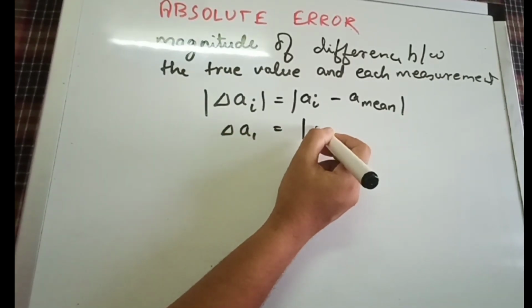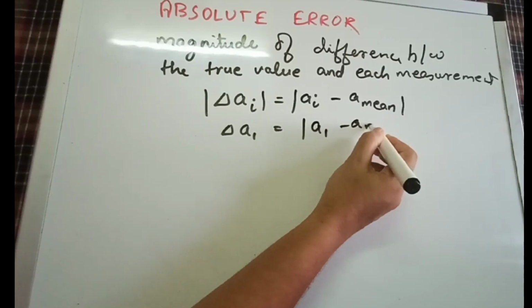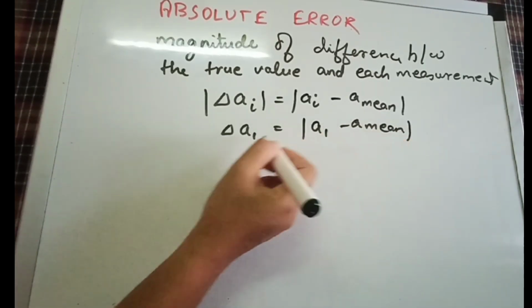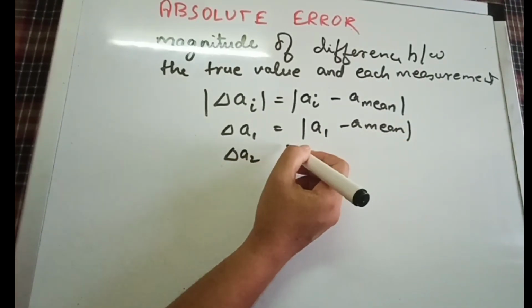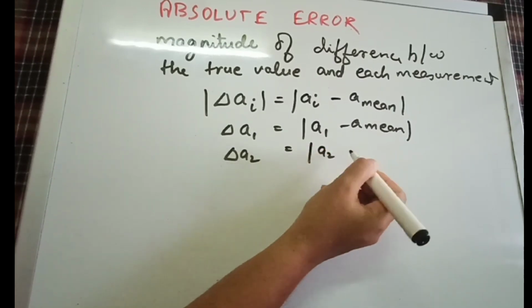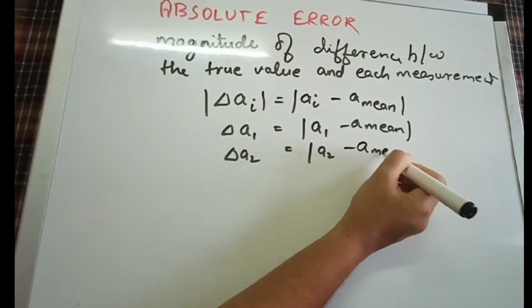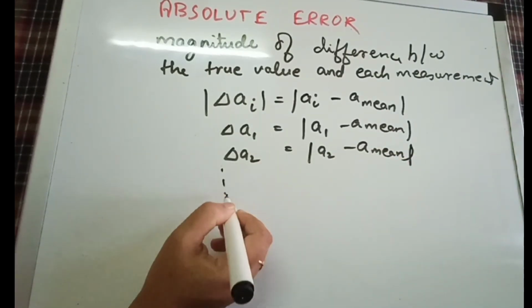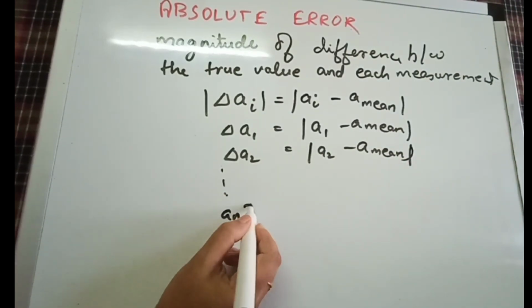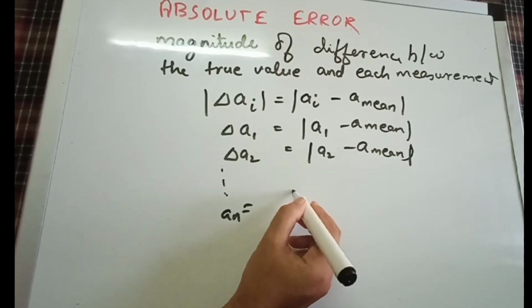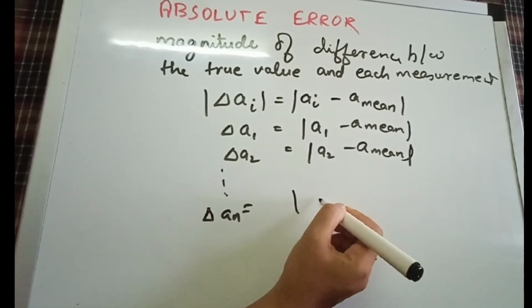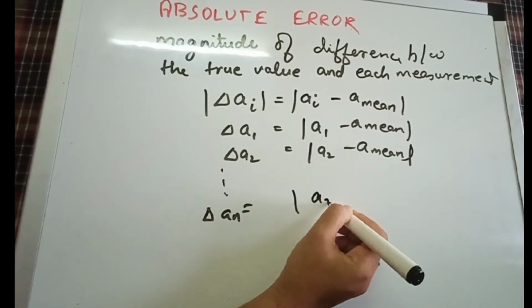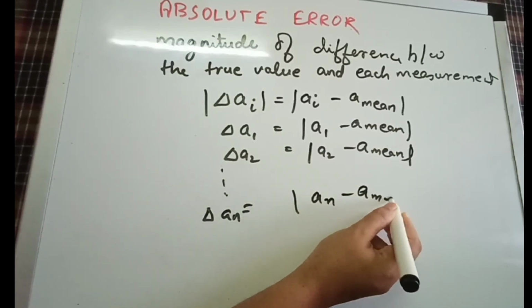So for the first reading, it becomes delta A1 equals A1 minus A mean. Like that for the second reading, delta A2 equals A2 minus A mean. It will be clearer when we actually do the example problem. So like this, for each reading you will find its absolute error, and finally for the last one, delta An equals An minus A mean.